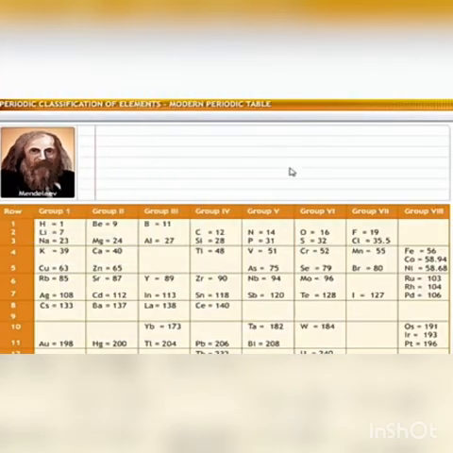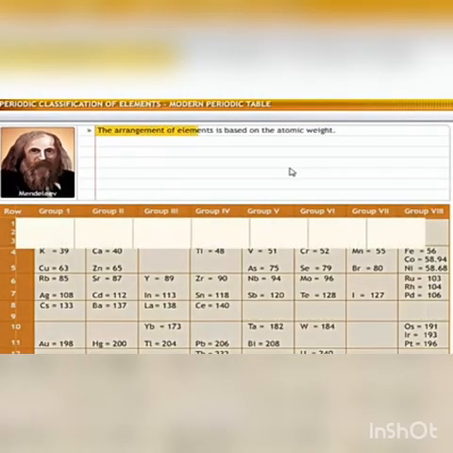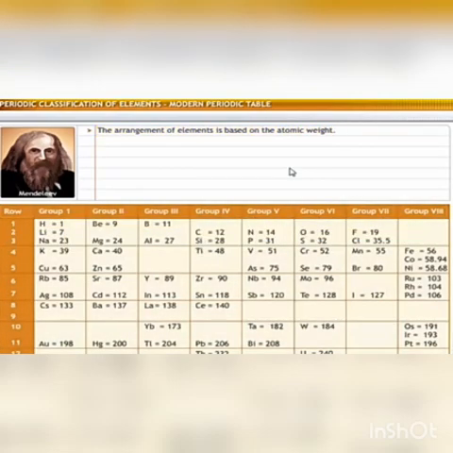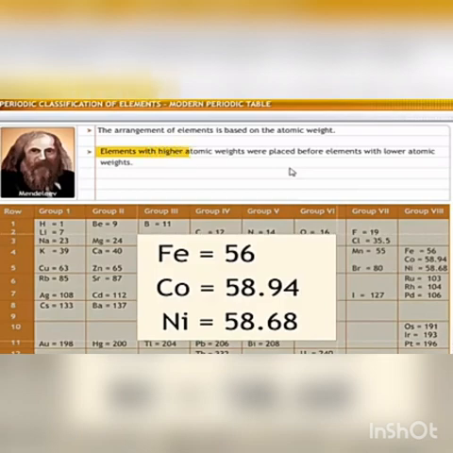Mendeleev's table was intended to illustrate the arrangement of elements using atomic weight as the basis of classification. However, this arrangement showed some anomalies, like elements with higher atomic weights were placed before elements with lower atomic weights.